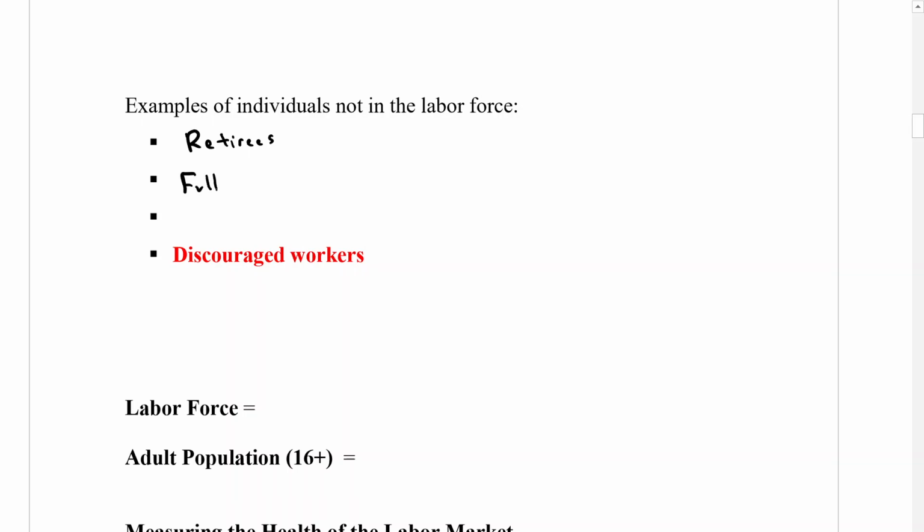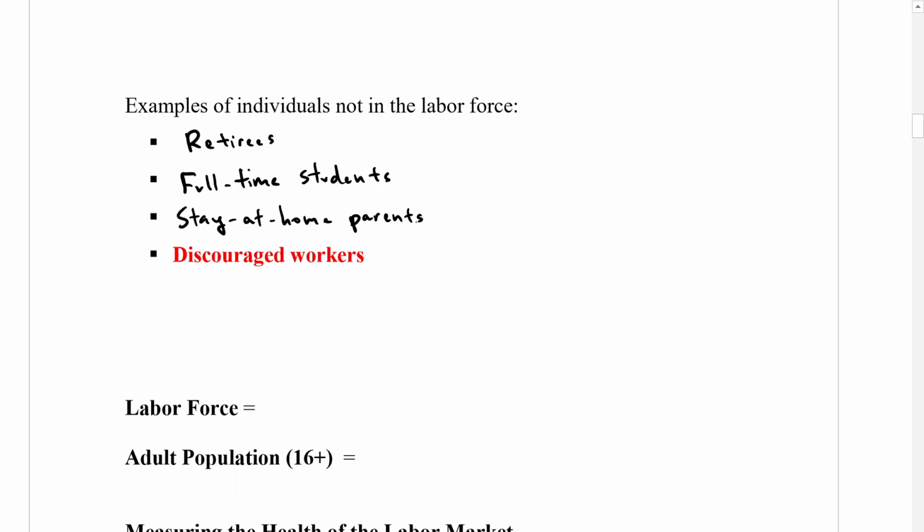Also, full-time students who are not working. Another example could be stay-at-home parents because they're not working for pay necessarily. And then there are other categories as well.